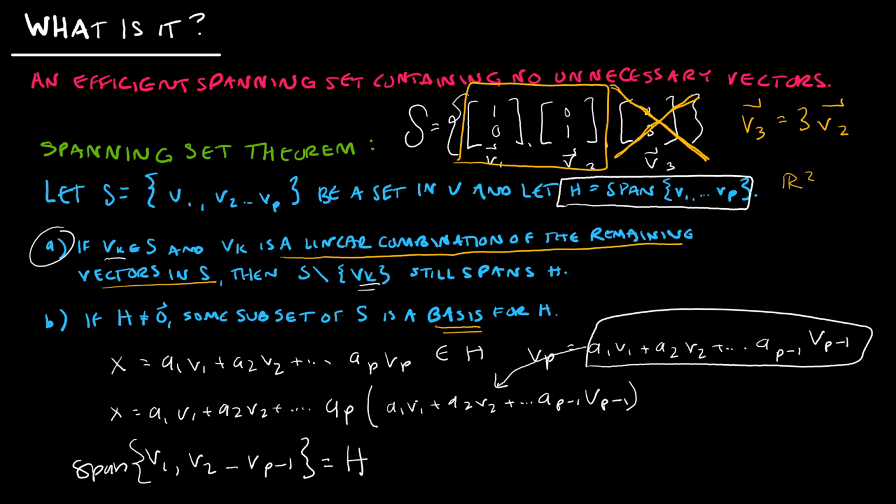And again, did I show it for just one example? No, I showed it for some arbitrary vp, so vp could be any of the vectors.